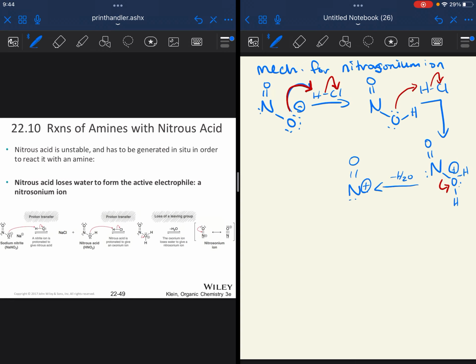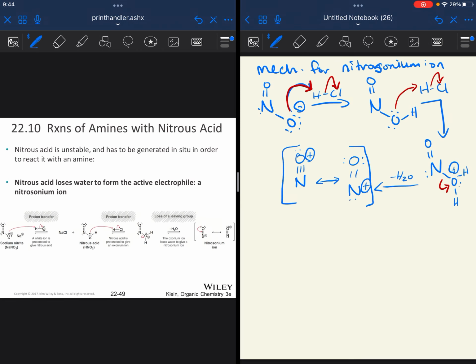Now this is split up on the slides. I'm going to keep going on my blank slide, but you can see that this nitrosonium ion is not very stable. That's why we can't just buy a bottle of nitrosonium ion. We have to make it from nitrite and HCl. But this is going to be just perfect to react with the amine.